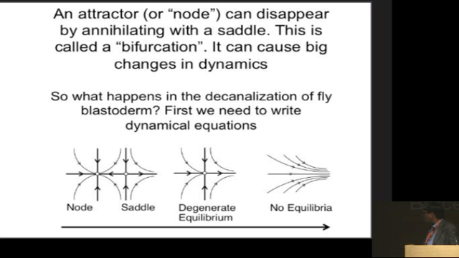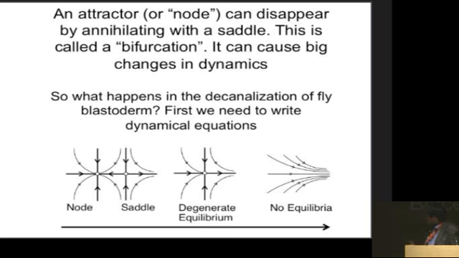As the two approach each other, notice geometrically, the flow from here is to the right. The flow here is to the right. Here the flow is to the left. So as these two points merge, it's just geometrically inevitable that this stable point will disappear.